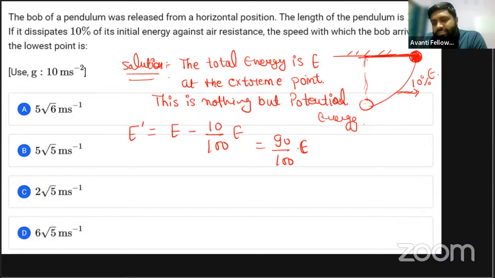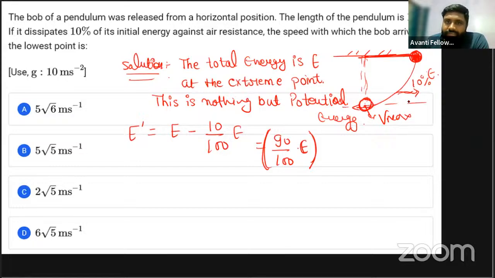There is no kinetic energy. And 10% we have lost, so the remaining of it will be converted into kinetic energy of the system. This 10% we have lost, we do not count on it. But this 90 by 100 into E will completely convert into the kinetic energy, because at the lowest point we have V maximum.